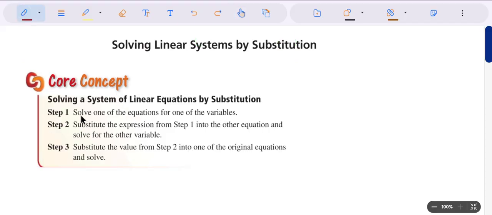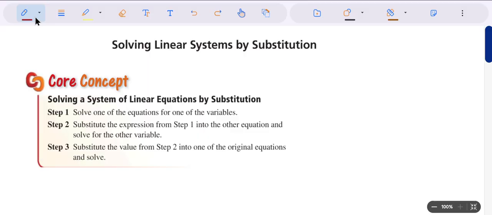First of all, solve one of the equations for one of the variables. In these equations, two variables will be there, so solve one of the equations for one variable. Like in some x and y equation, x equal to, or y equal to in terms of x, like that we need to convert it.